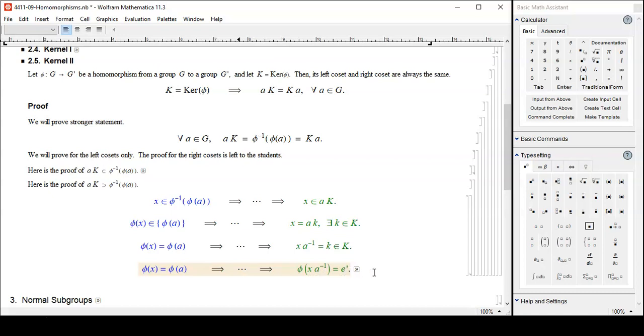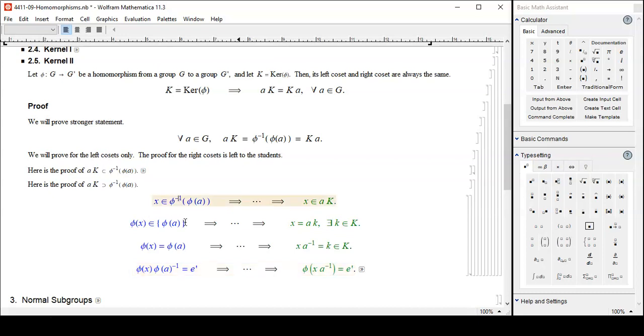Any connection? Well, we want E prime, so if I flip over, oops, then that'll make sense. Now, are they close enough to see a connection?